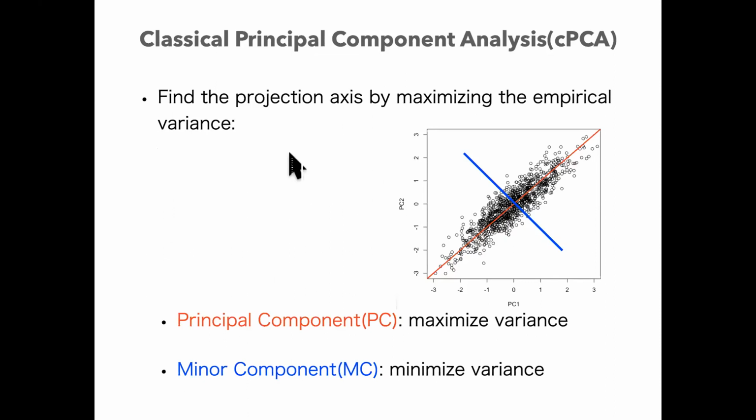Conventional or classical principal component analysis finds the projection axis by maximizing the empirical variance. By principal component, we indicate the direction on which the projected dataset has maximum variance, indicated by the red line. On the other hand, by the minor component, we indicate the direction with minimum variance in the framework of classical PCA.